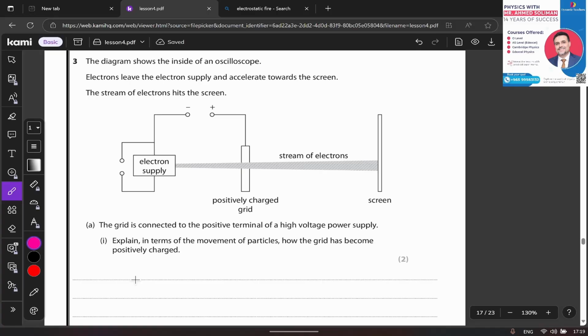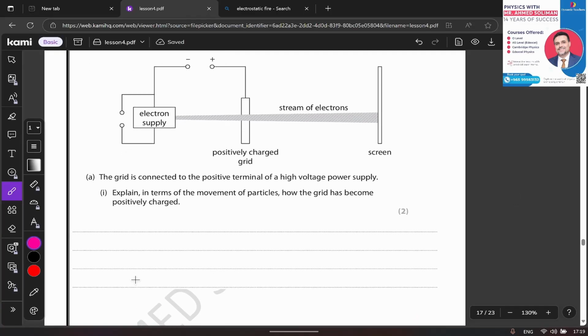The stream of electrons hits the screen. The grid is connected to the positive terminal of a high voltage power supply. Explain in terms of the movement of particles how the grid has become positively charged.